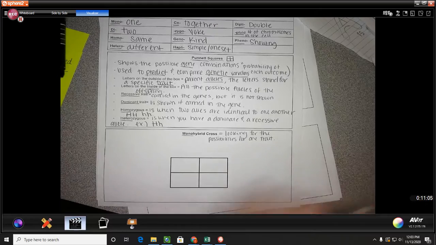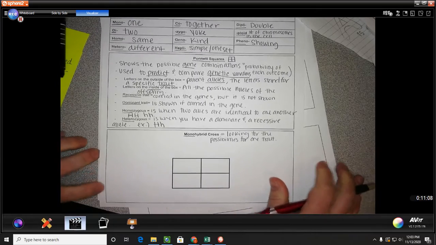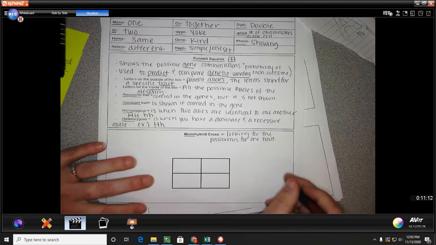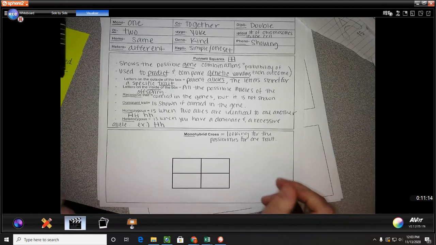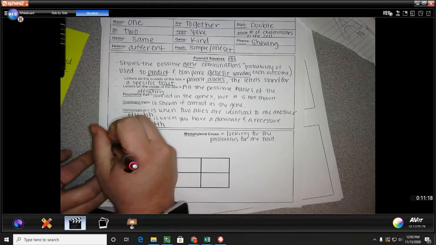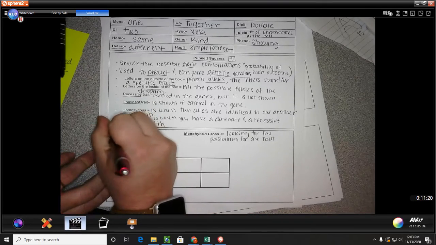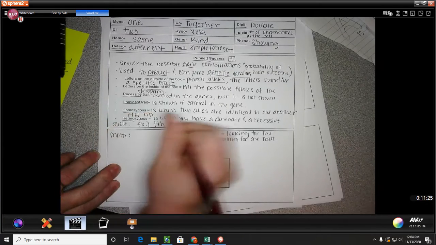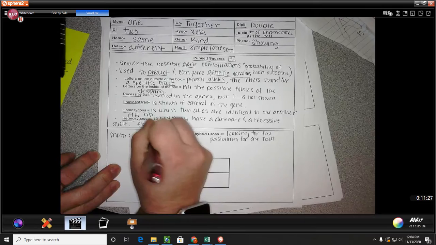So let me give you an example. I'll use my own actually. My husband has blue eyes, but his mom has brown eyes. So mom has brown eyes, and brown eyes are dominant.